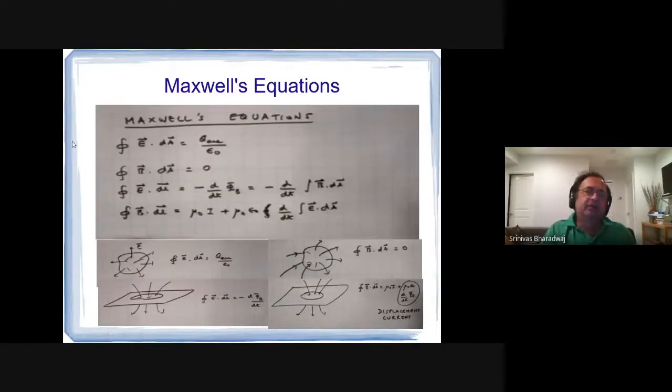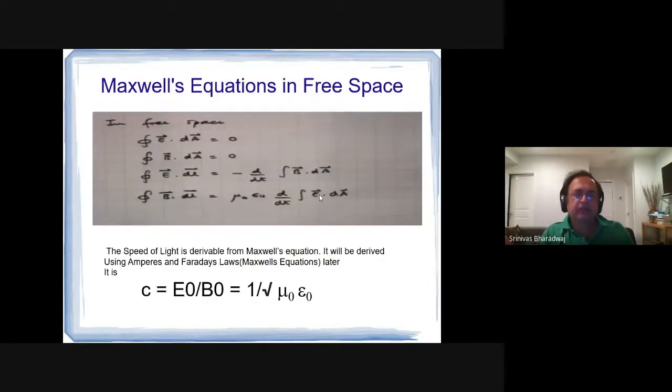But typically in pre-undergraduate calculus and pre-undergraduate electromagnetics, they always close it, quote it using E dot dA equals Q by epsilon, B dot dA equals 0, E dot dl equals minus d phi by dt, and B dot dl equals mu naught I plus mu naught epsilon naught d phi by dt. Therefore, those are the four equations.